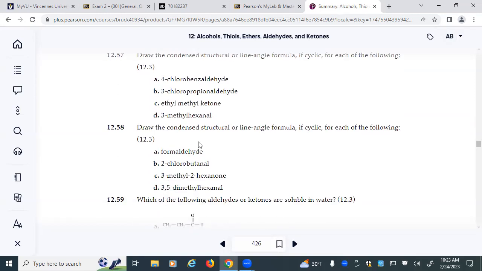All right, so let's flip this around. We've just done a lot with turning structures into names. Let's try to do names to structures. If you've got a piece of paper handy, let's work on problem number 58 here.